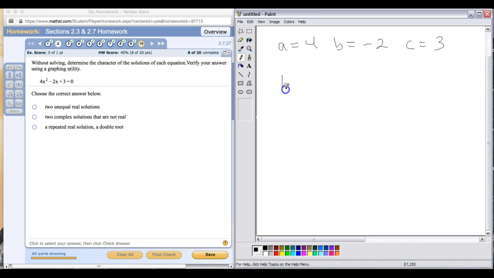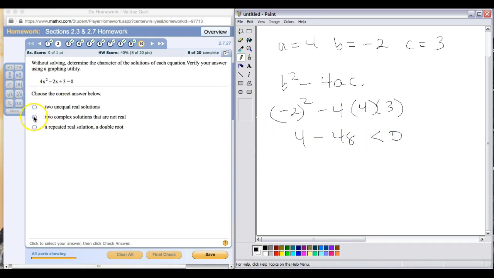So we do our discriminant. b in this case is -2, so we square that, and then c. Now we got 4 minus 12 times 4, which is 48. So again, it's negative. We end up with two complex solutions that are not real.